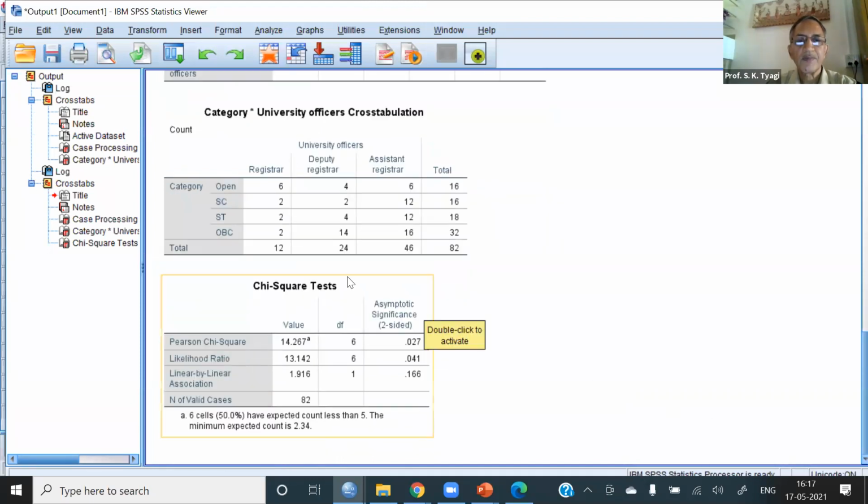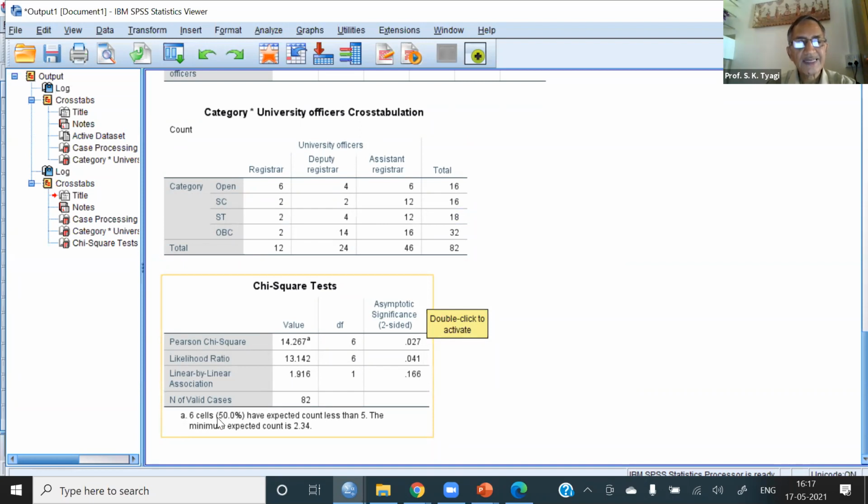Now look at this table. The first table is the same as we have in the form of data, and the second is the chi-square test. The value of chi-square is 14.267. But first we begin with the footnote.